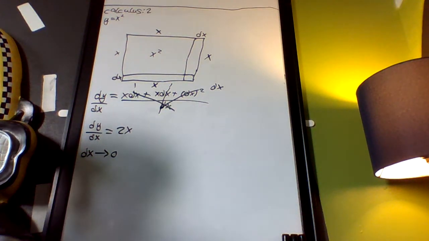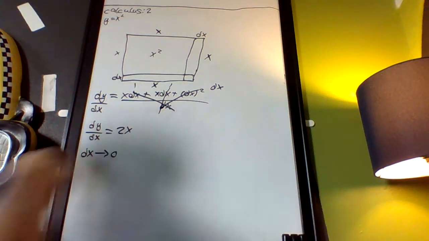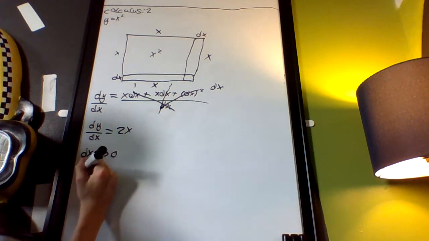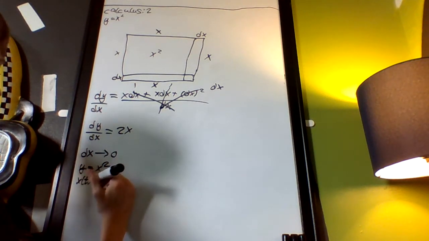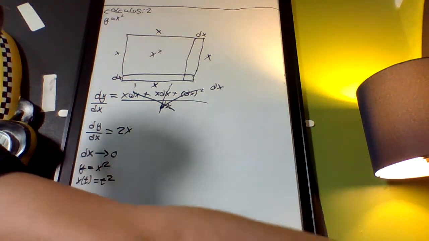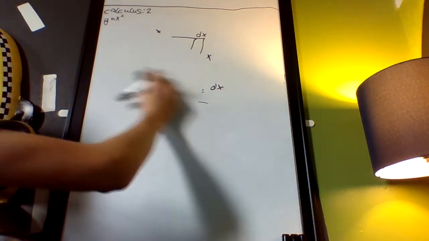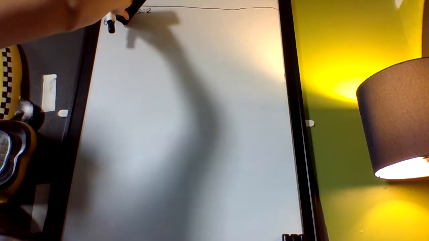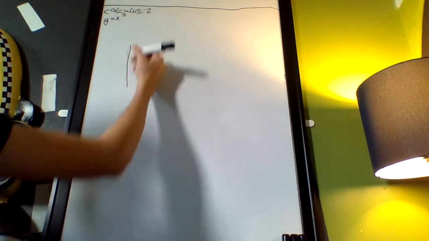Okay? So now we have the same exact thing we got before from y equals x squared, as we got from x of t equals t squared. Got the exact same thing. So maybe this would work for y equals x cubed as well. So let's go ahead and look at it.